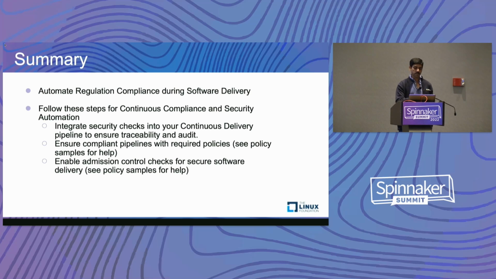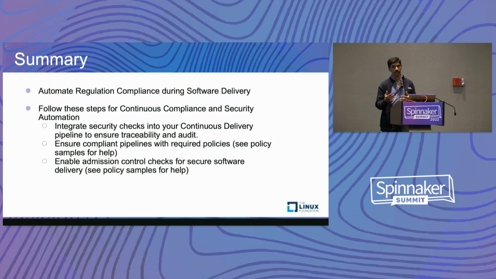Essentially, it comes down to integrating the security checks in the delivery pipeline. You do have to make sure that the security checks are done in the pipeline, and then ensure that the pipelines, when they are run, trigger the policy checks. So you don't have to have different stages in the pipeline to trigger it.